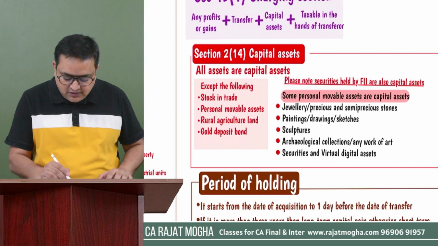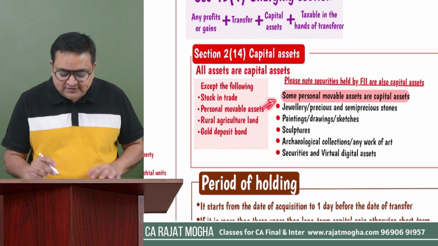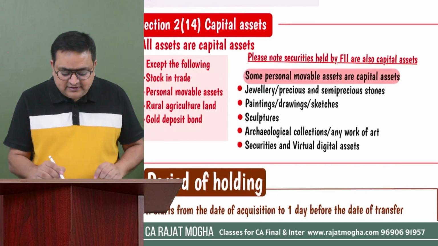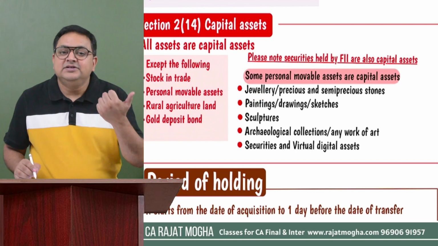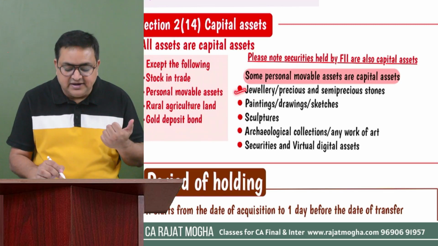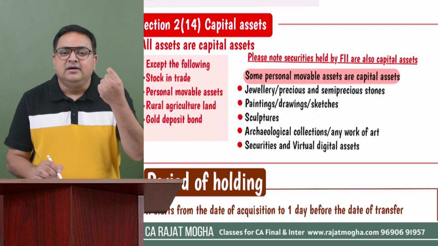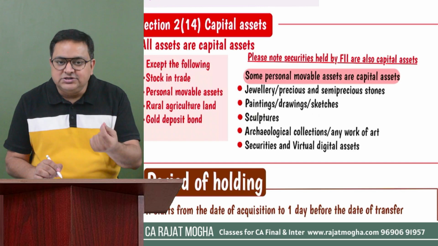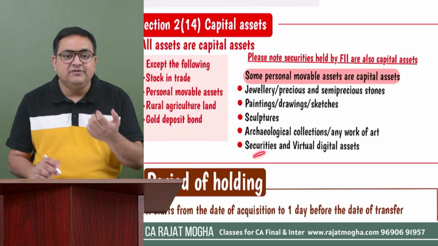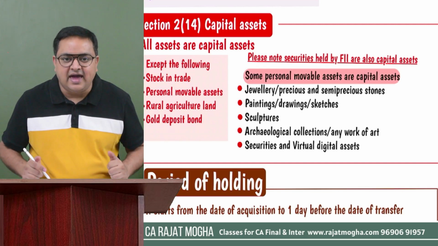Okay, so we have understood that personal movable assets are not capital assets, but we have certain exceptions also. The exceptions are: personal jewelry, precious and semi-precious stones, diamonds, rubies, etc., which will be considered capital assets. Paintings, drawings, sketches, sculptures, any piece of art, any archaeological collection, even your securities, shares, debentures, are also considered capital assets.